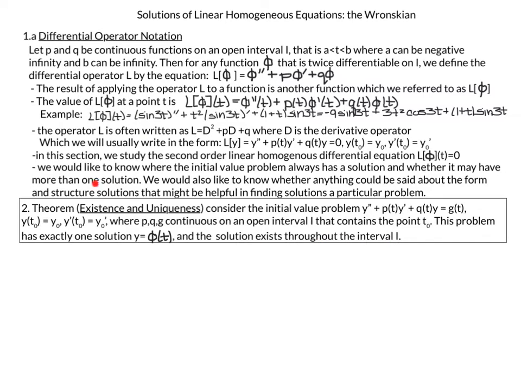This theorem is totally analogous to existence and uniqueness for first order linear equations, and this is for second order linear equations. Again, wherever p, q, and g are continuous, that's where you'll have a solution for the initial value problem.